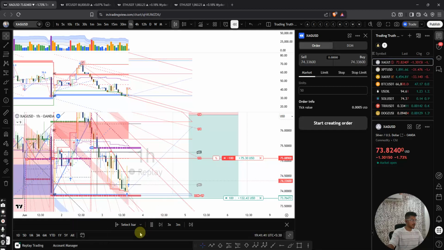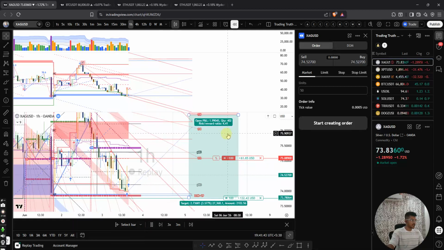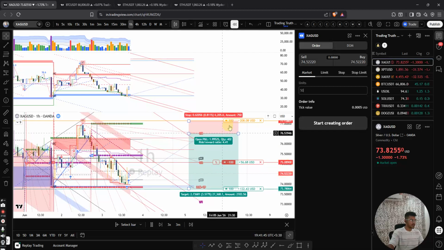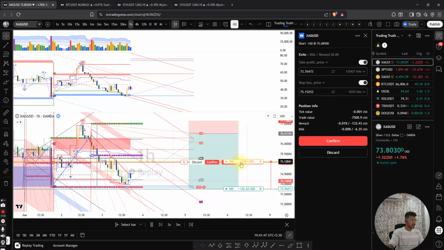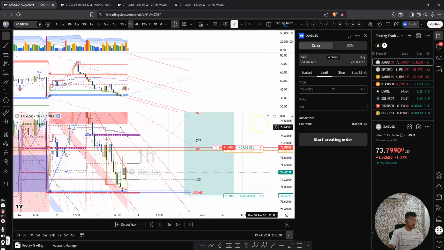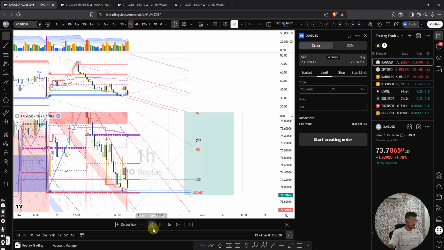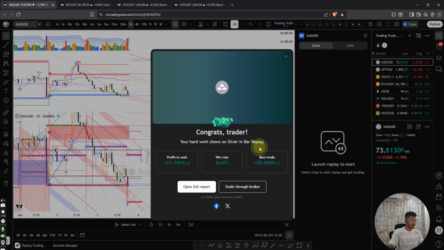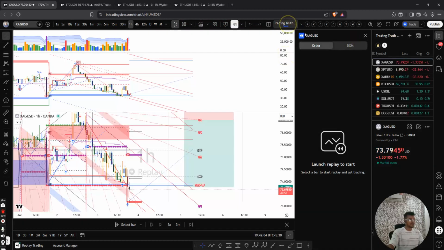I mean, take profit on another 50 positions, and then I'll just bring my SL down to break even. And there we go, our take profit got hit. Okay, so we made $331.